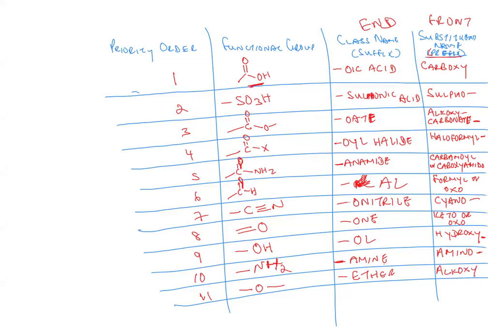Here alkoxycarbonyl. Here alkoxy. Okay. Then the 12th one. We have C triple bond C, called yne. We have talked about this before, and even the prefix is still yne.